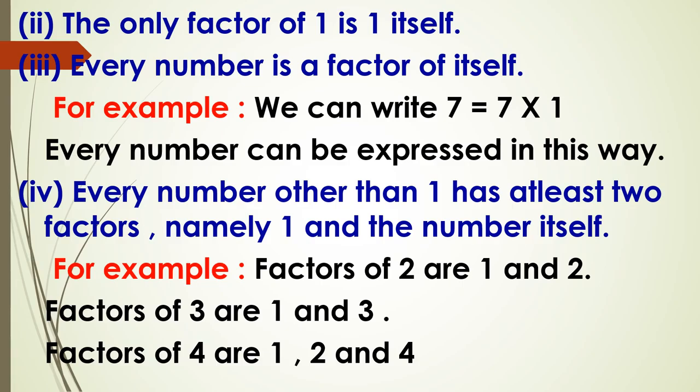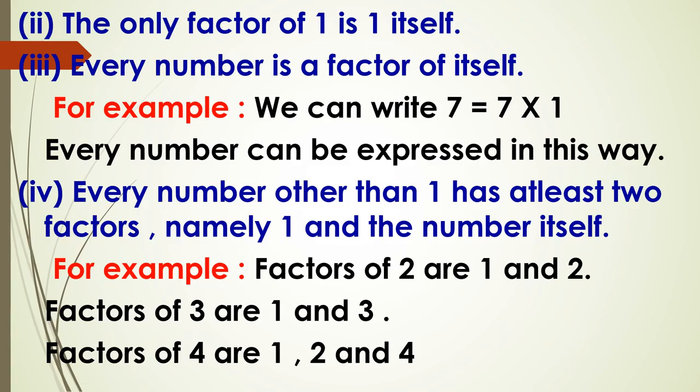Check it with the help of example. Factors of 2 are 1 and 2. Factors of 3 are 1 and 3. Factors of 4 are 1, 2 and 4. Now you can see that 1 and the number itself means the same number. At least these two are the factors of that number.